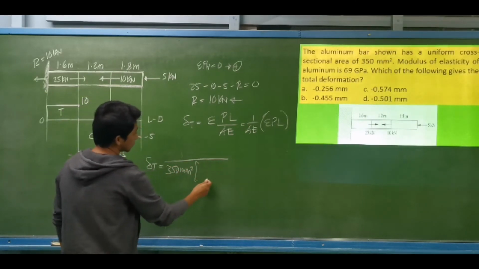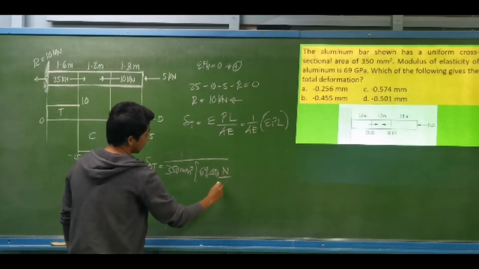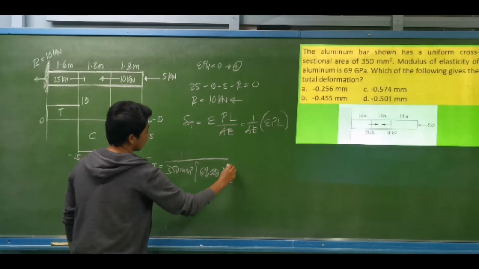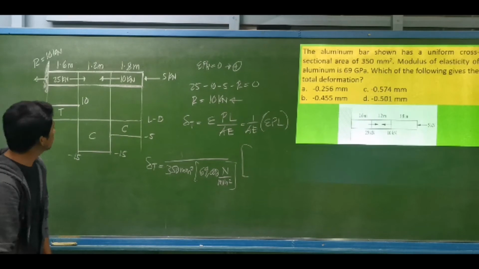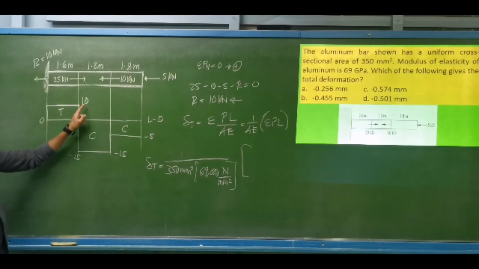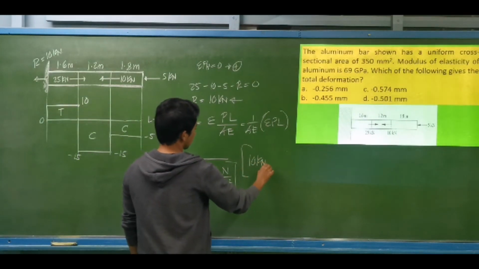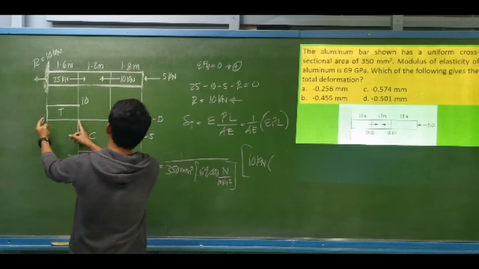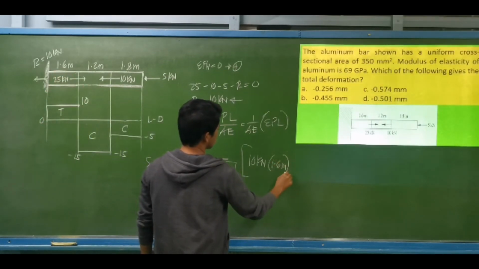Okay, the modulus of elasticity is 69,000 megapascals or newtons per square mm. And this is multiplied by what is our load here? So we have for the segment 1.6, that is positive 10 kilonewtons multiplied by the length, that is 1.6 meters.